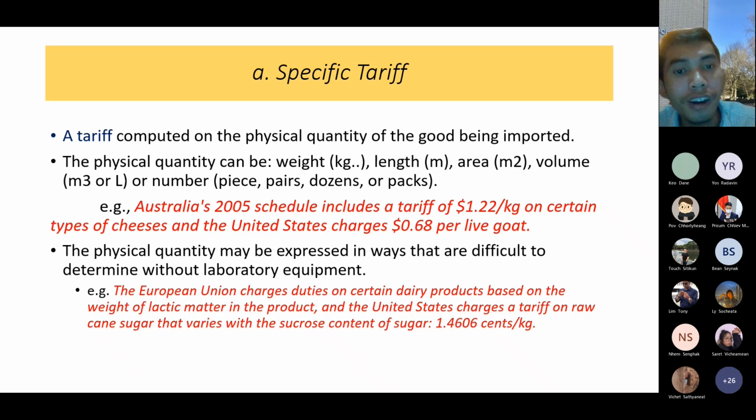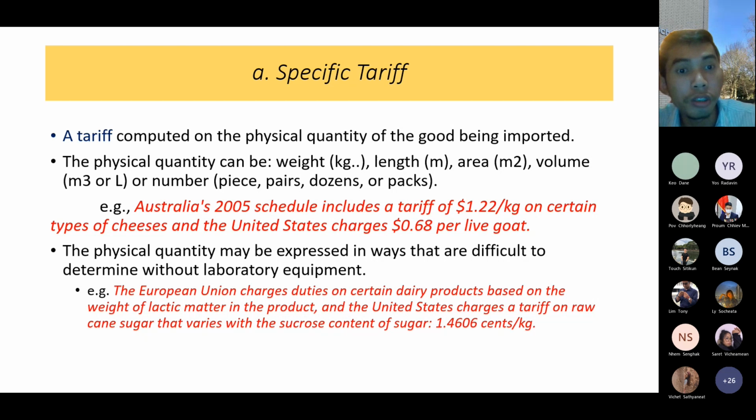The physical quantity can be weight in kilograms, length in meters, area in square meters, volume in cubic meters or liters, and also number: it can be a piece, 1 pair, 2 dozen, 3 pairs. These are the forms of physical quantity used to calculate the specific tariff.